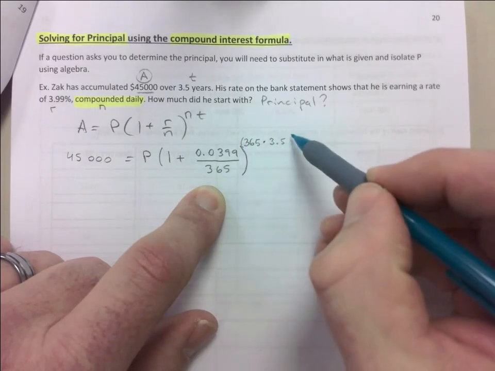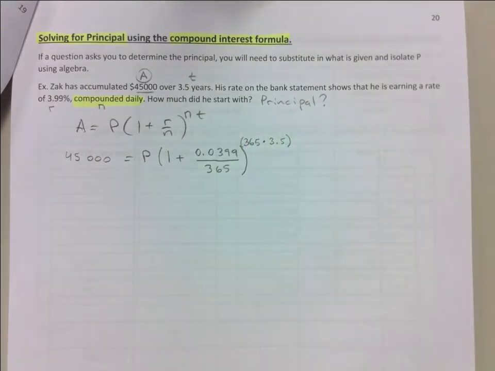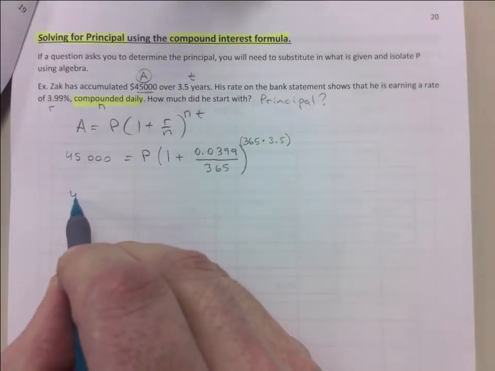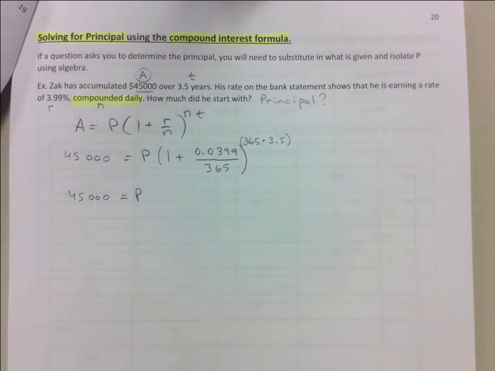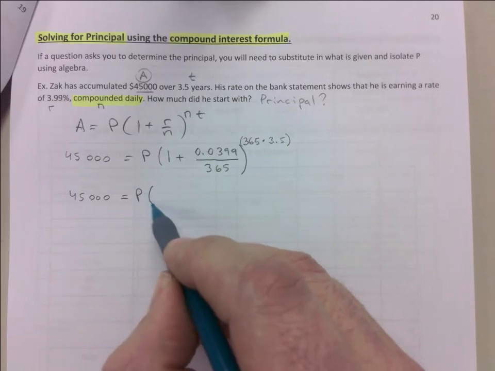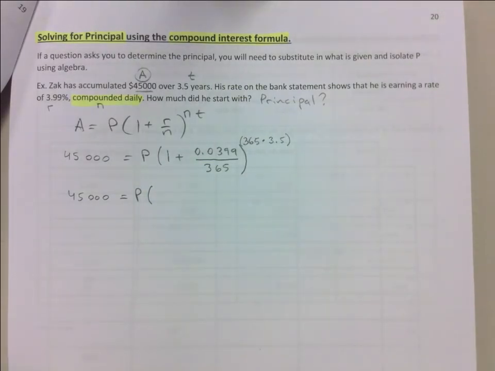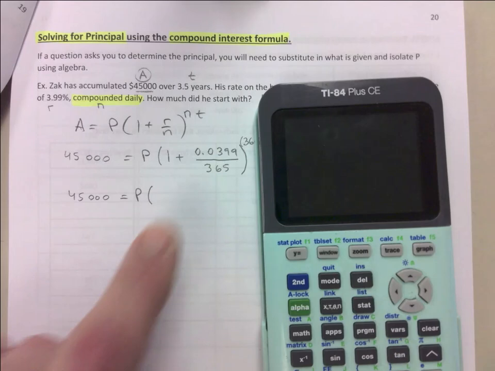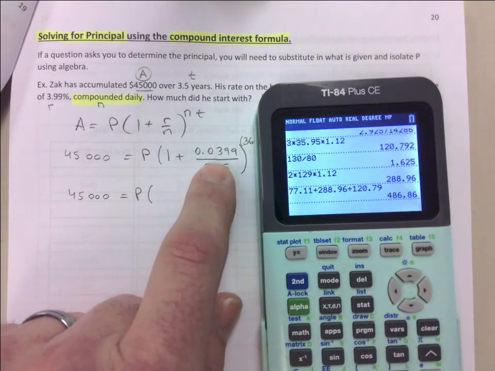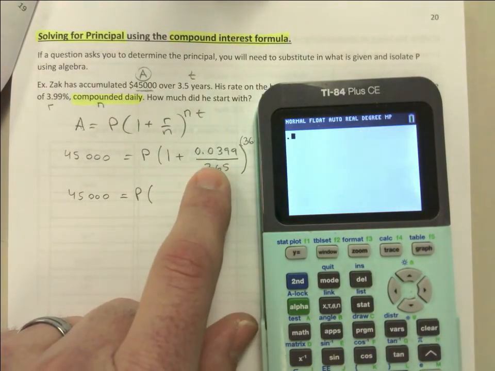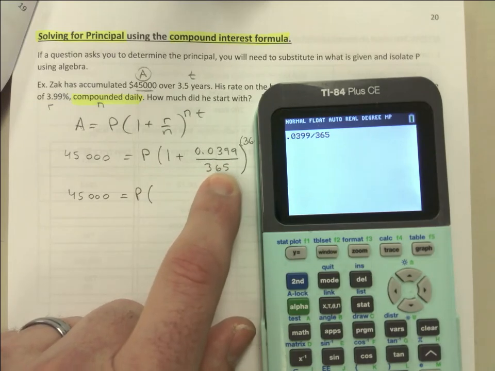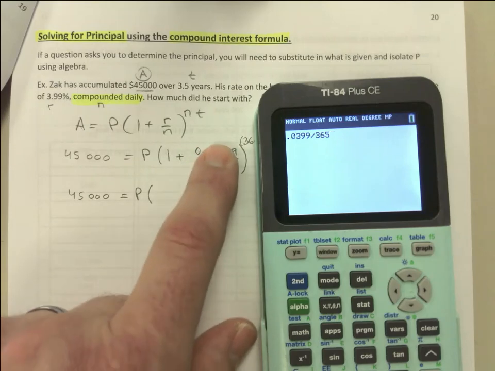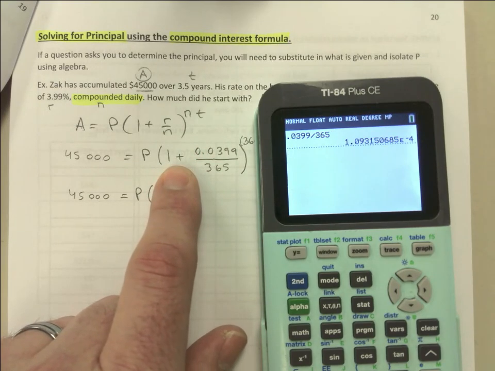You're supposed to come up with just one number when you're all said and done. Please don't rush this one. Resist the urge to just get it all into one number. Resist that, okay? So you grab your calculator, and I would say divide that by 365 first, this part, because division comes before addition.